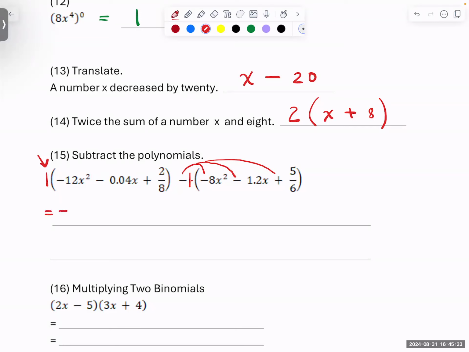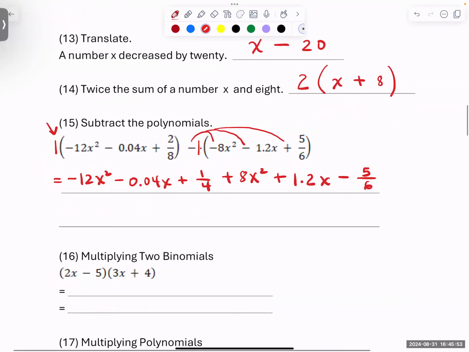So we have negative 12x squared minus 400x, and 2/8 is 1/4, so we could simplify that to 1/4, plus 8x squared plus 1.2x minus 5/6.